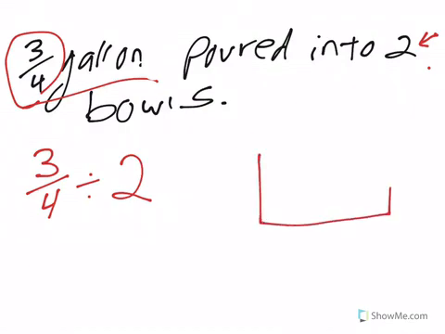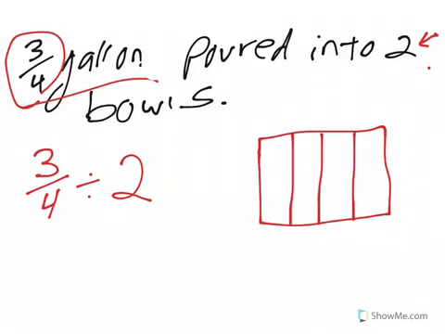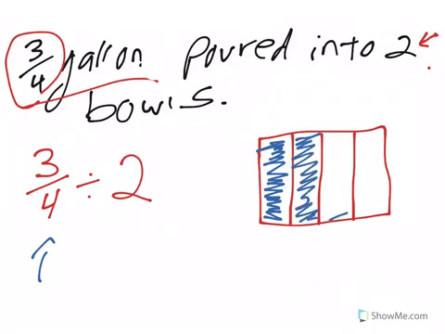One, we can make a visual model, right? And so now I've made a shape which can just represent the total amount, and I've cut it into 4 parts. We know we have 3 parts, so I'm going to fill in 1, 2, 3 parts, right?